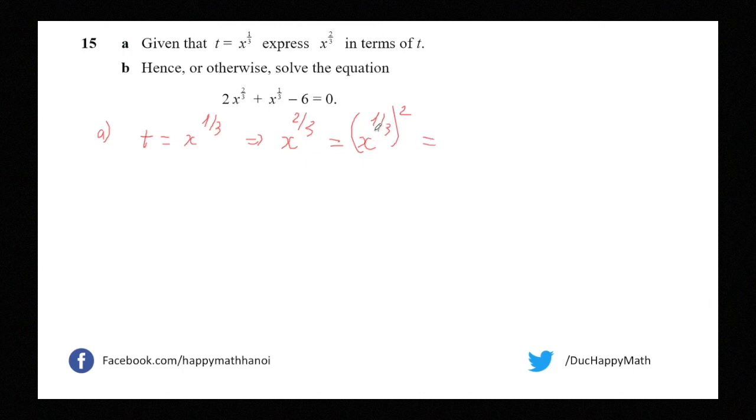So x power 1 over 3 equals t, and square here. So we can express x power 2 over 3 in terms of t as t square. And in the same way, you can use this formula to calculate question B. In question B, you get this one equal to t and this one equal to t square.